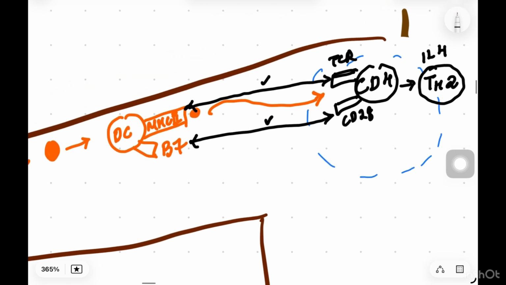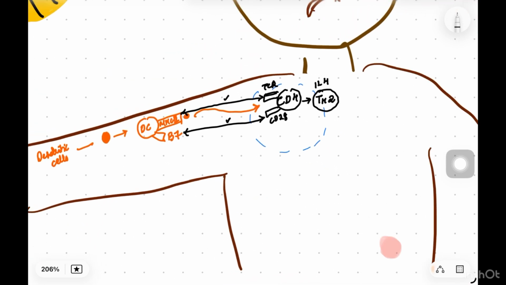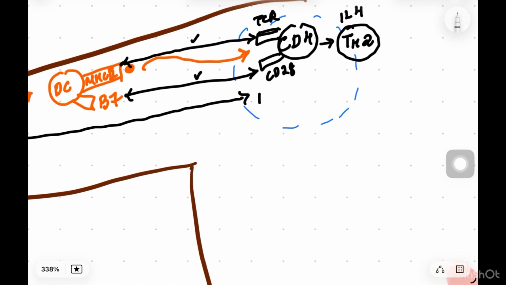Another thing that's going to happen is this antigenic peptide is also going to travel to the local lymph node and it will be taken up by another antigen presenting cell, which is your B cell. Now, this B cell also presents this on an MHC class 2 molecule.